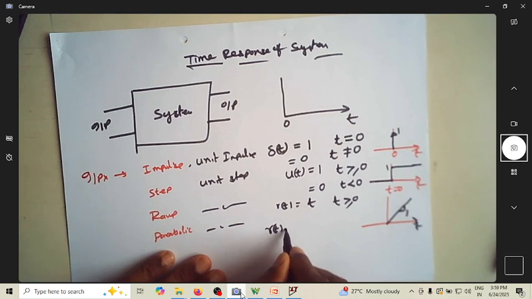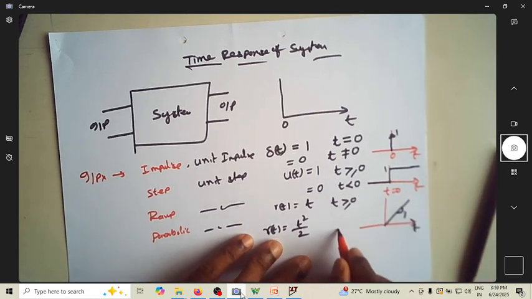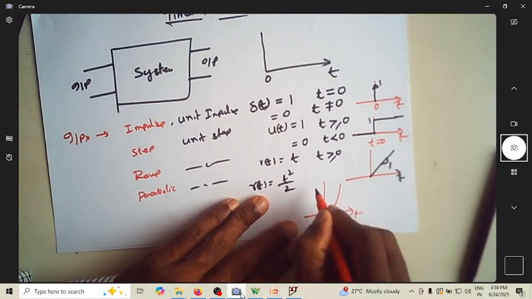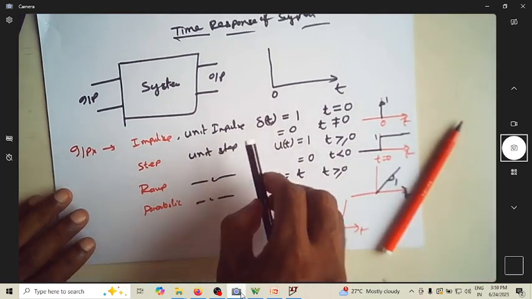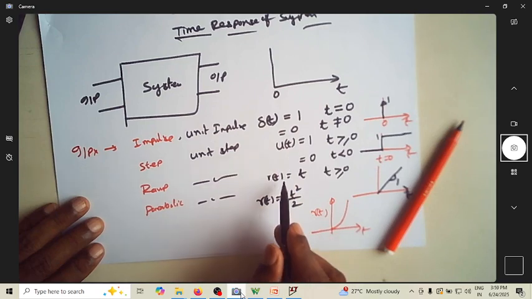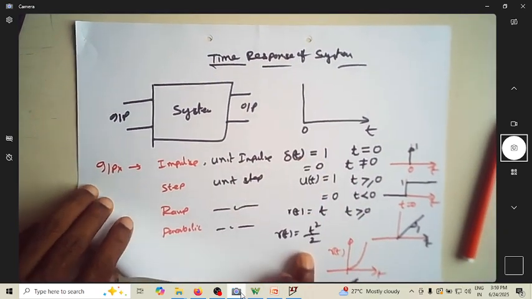And this can be t square by 2, where the response would be something like this. So these are different inputs: delta t, u of t, t, and t square by 2. These are all unit magnitudes.